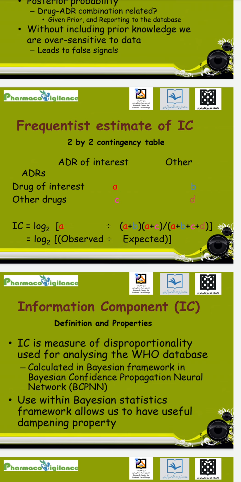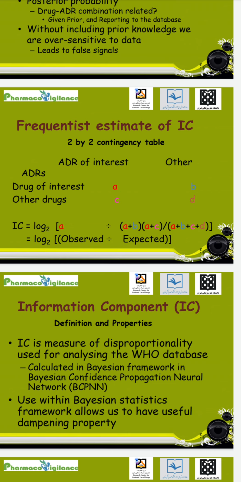Again, for example, I choose loperamide as my drug of interest. Diarrhea is the ADR of interest for my drug of interest. Constipation is the other ADR of loperamide. Levothyroxine is my other drug, and constipation reported from levothyroxine is D, which is others from the others.